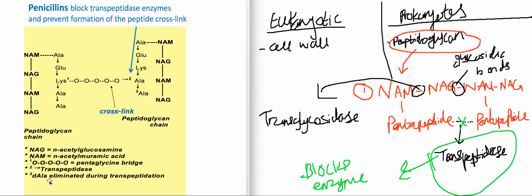D-alanine is eliminated during transpeptidation. So one of these, number 3, will be eliminated. This one always gets removed once this bond is formed. But for now, all you need to know is that there's this bond between the pentapeptides, which forms a cross-link.